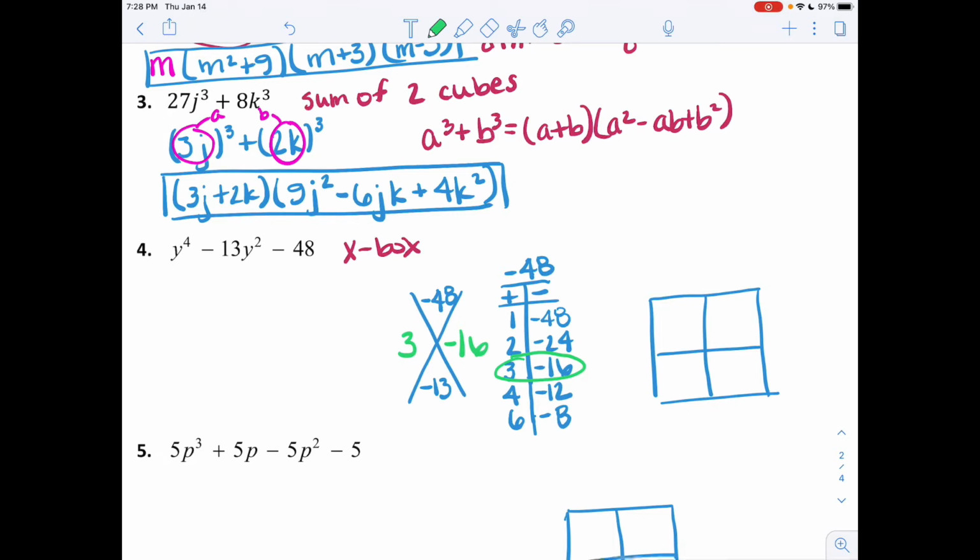And then those become 2 of the pieces that I write in the box. Here is where I need to be a little bit careful when I start writing things in the box. Remember that this is the format that we use for quadratics, things that have a squared on them, but this doesn't. This has a 4th power.